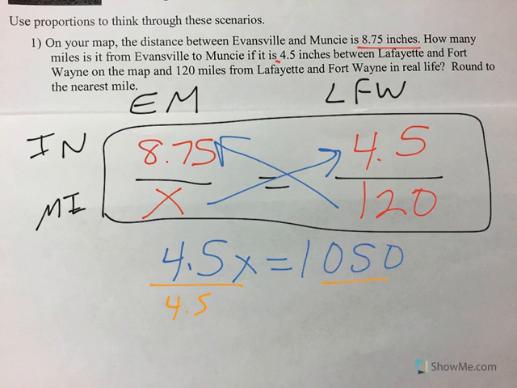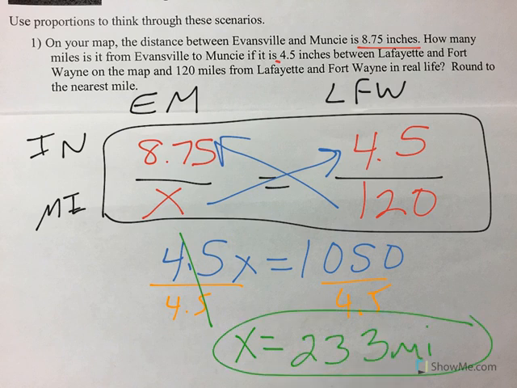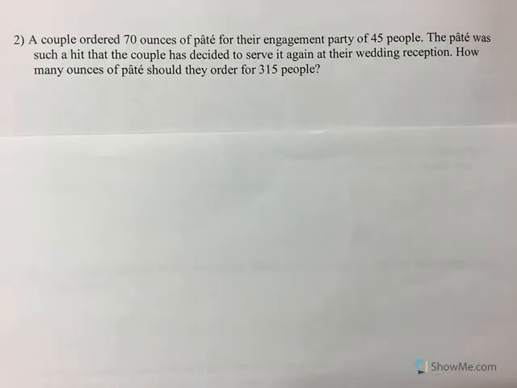Divide both sides by 4.5. Those cancel out because 4.5 divided by 4.5 is 1. And I end up with 233 miles. I rounded it there because it said round to the nearest mile. So 233 miles.